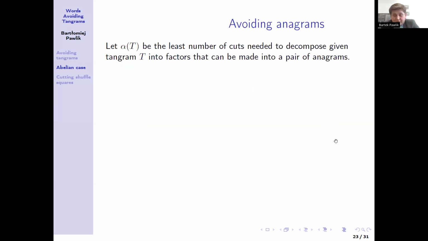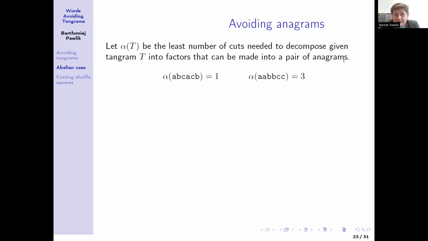The terminology is very similar to that made in the previous part of the lecture. Alpha of t is the least number of cuts needed to decompose a given tangram into factors that can be made into a pair of anagrams.